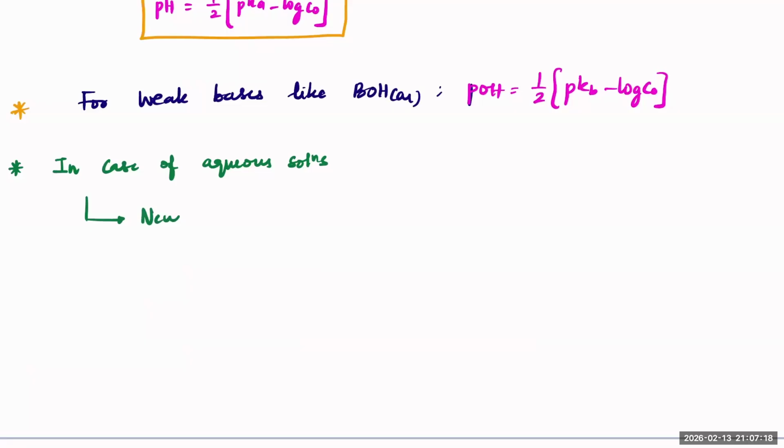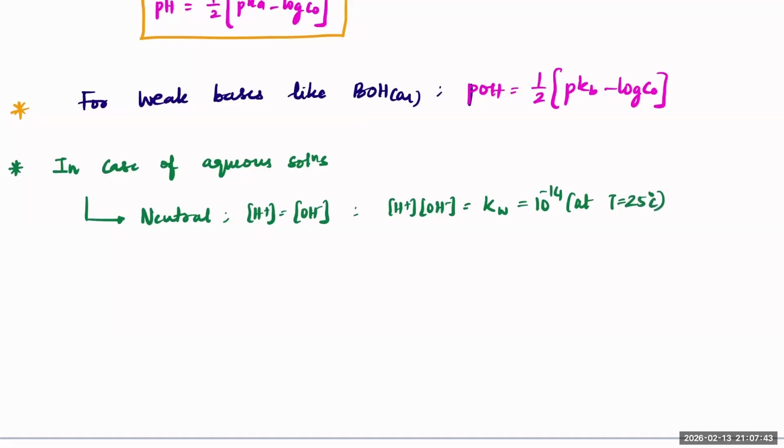One is neutral, which means the H plus concentration and OH minus concentration in the aqueous solution are equal. In that case, we can say the H plus concentration times the OH minus concentration will be equal to a constant, which we call Kw, and which is 10 raised to the power of minus 14 at a temperature of 25 degrees Celsius.